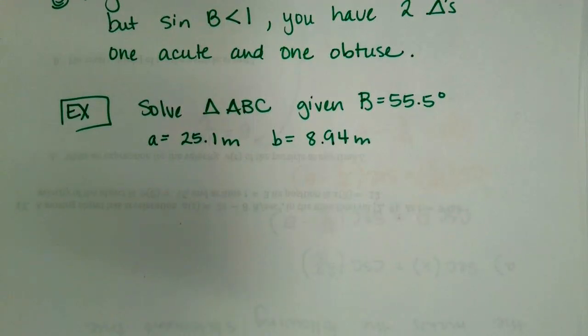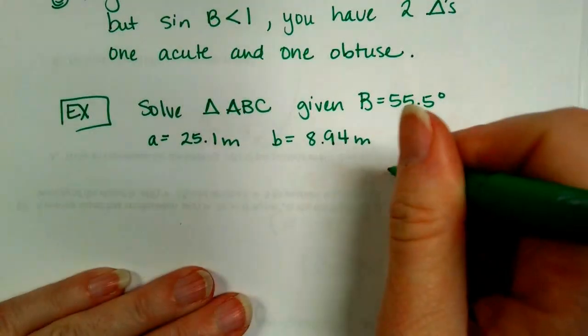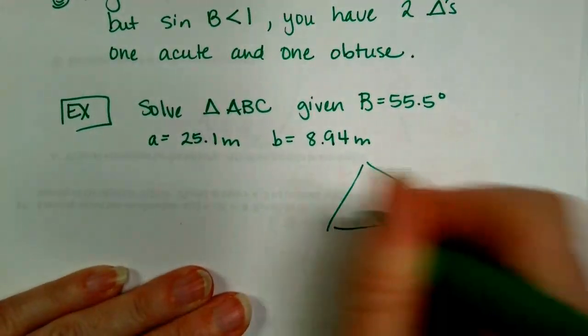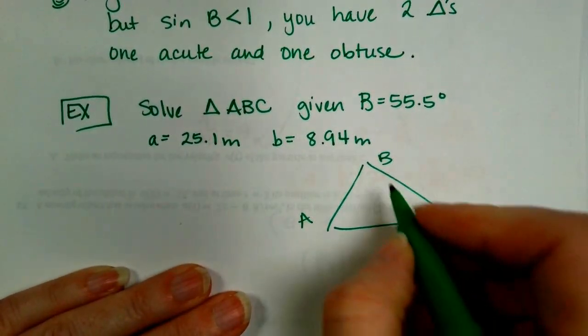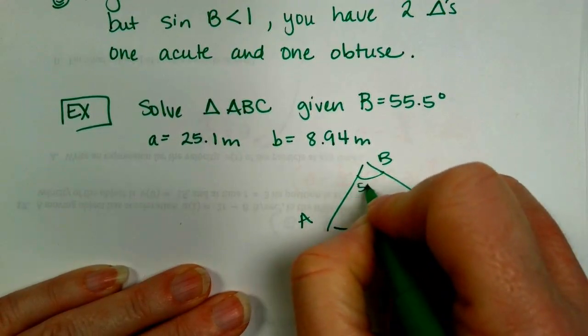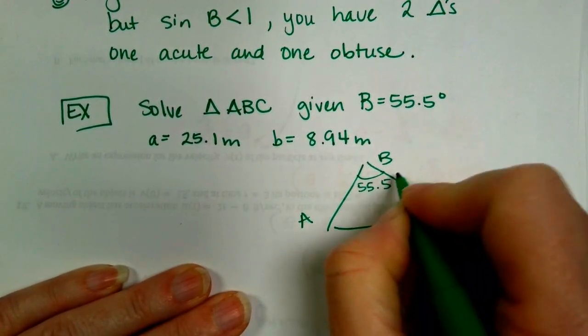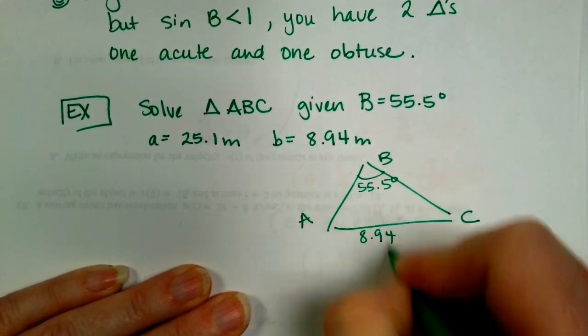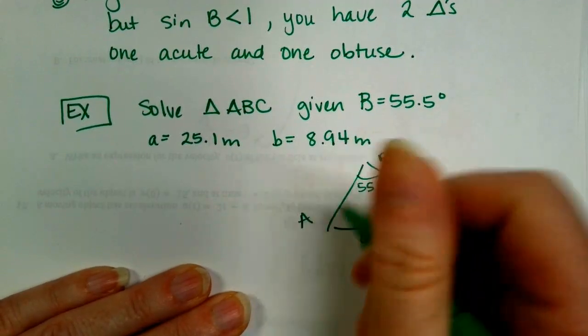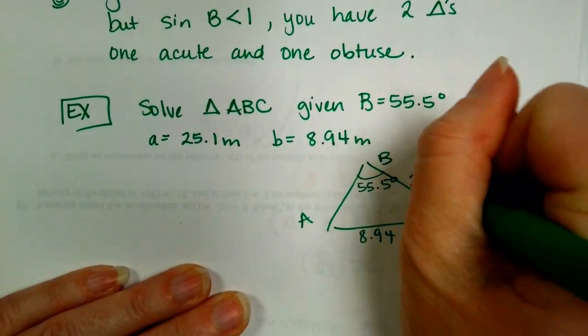I'm going to set it up just exactly like we did a minute ago. I am going to set up a triangle, label it ABC. Don't worry about it being drawn to scale or not. They gave me angle B is 55.5, and I have side B is 8.94. So I have a completed ratio, which means I can use the law of sines.